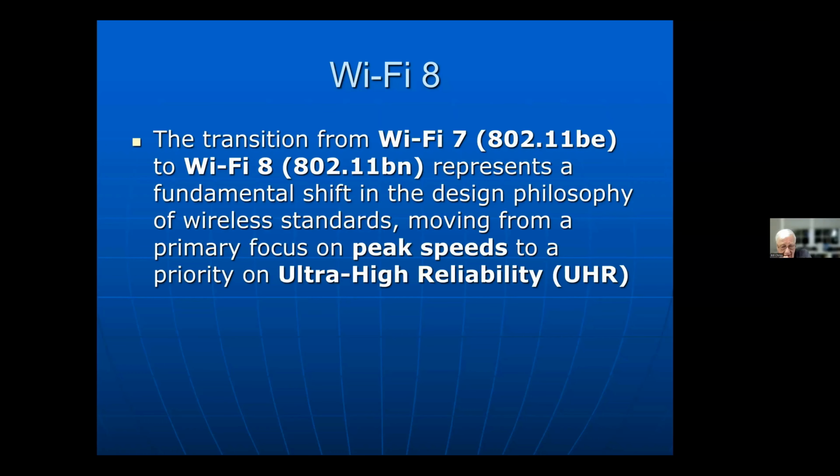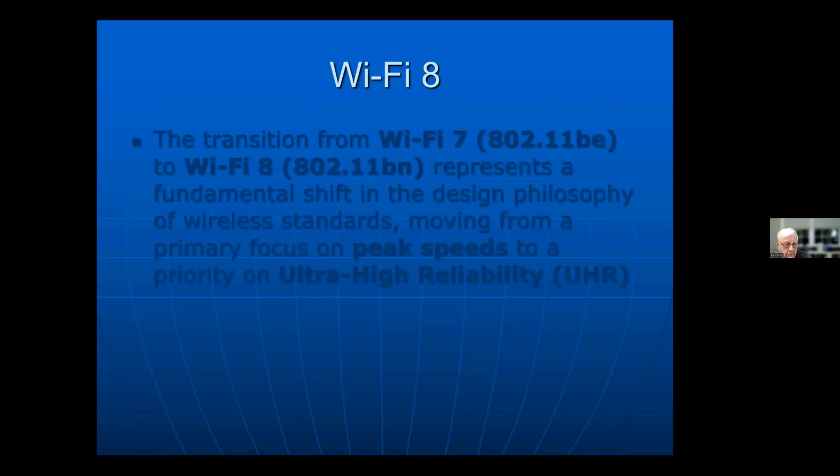Wi-Fi 8. You remember in the past, I've talked about Wi-Fi 7. Well, what's going on here is that Wi-Fi 7 really talked about getting the speeds to be peaked, whereas Wi-Fi 8 talks about ultra-high reliability.